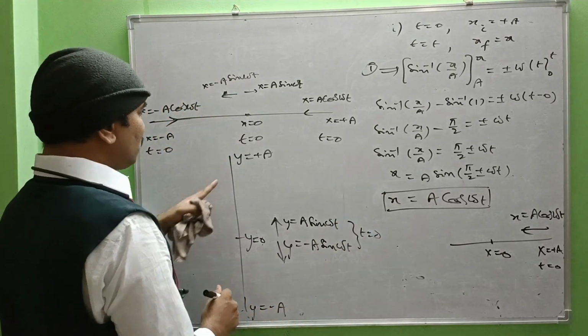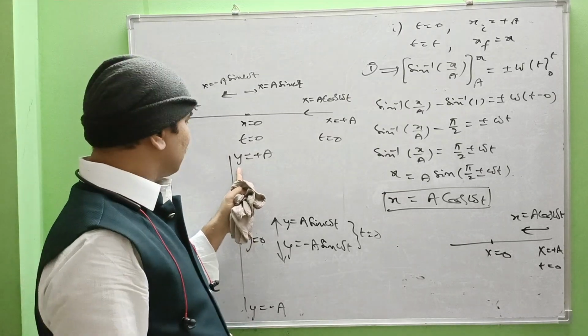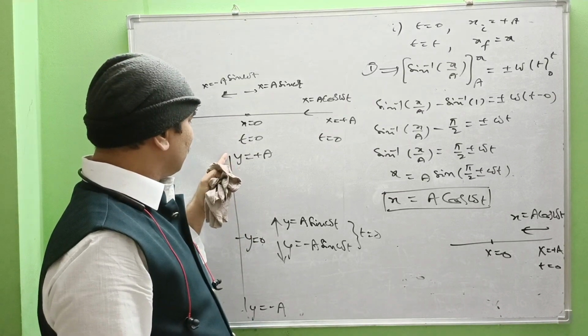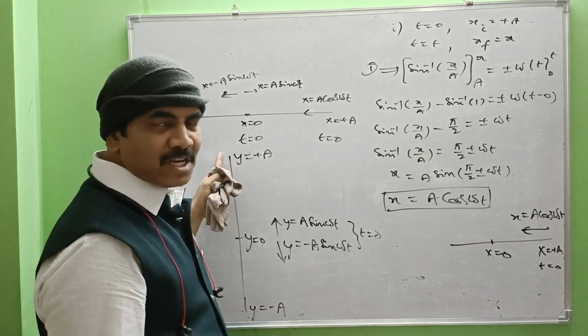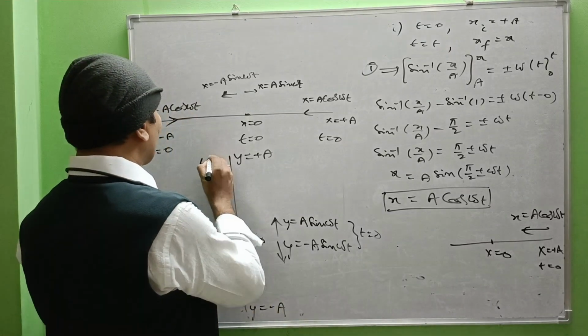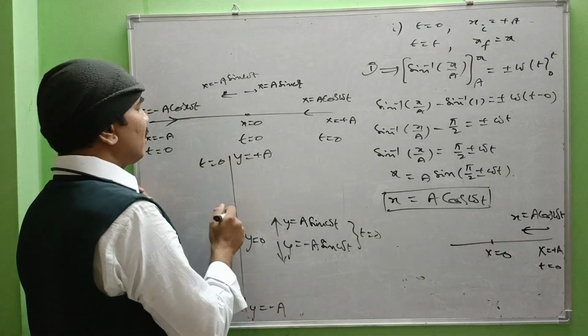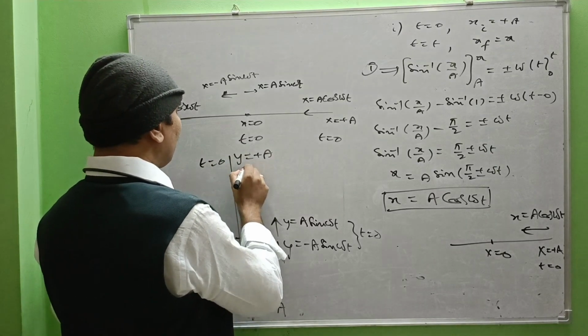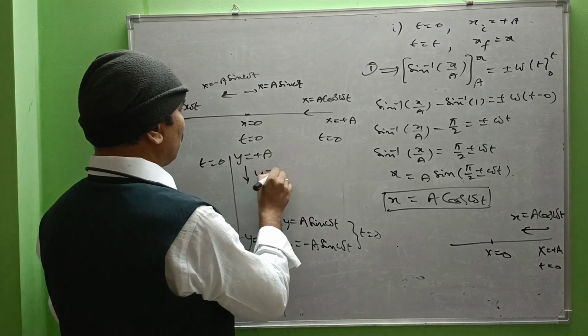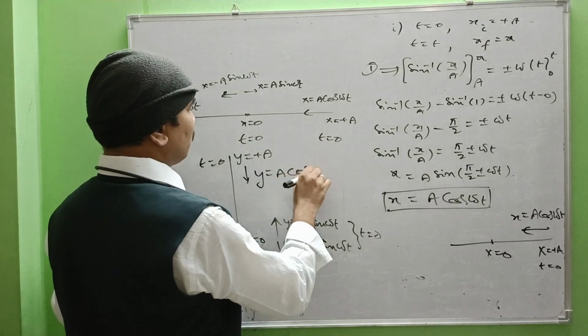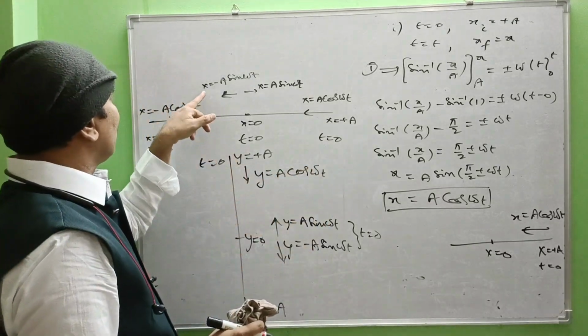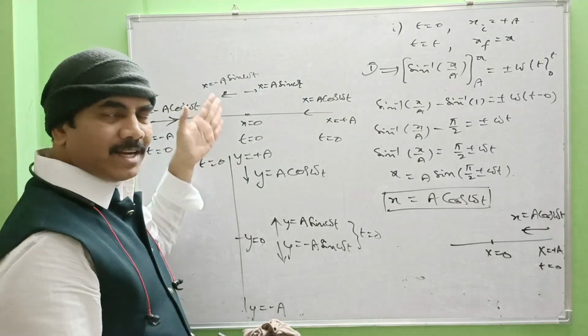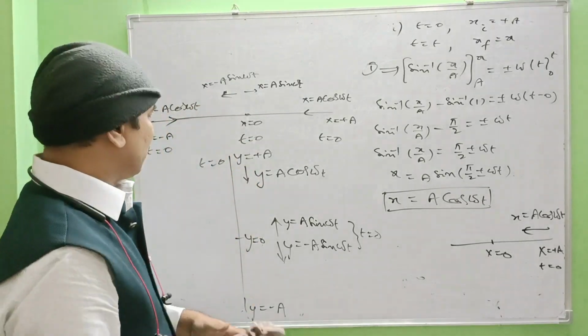Suppose it reaches the upward extreme position initially, that is when t equal to 0, if it is found somewhere here, what is the expression? y equal to a cos omega t. Simply replace x by y, that's all, because it is moving along the y-axis.